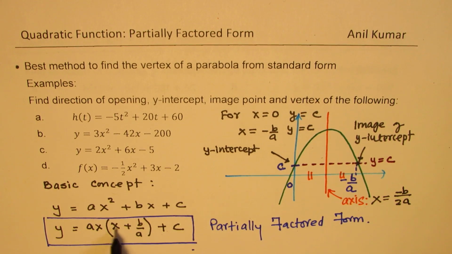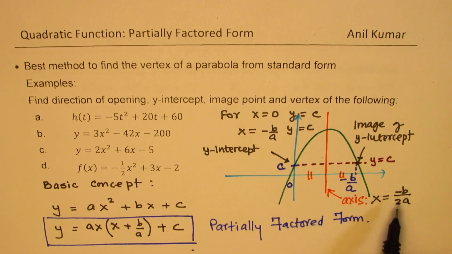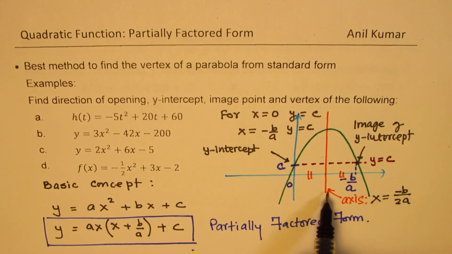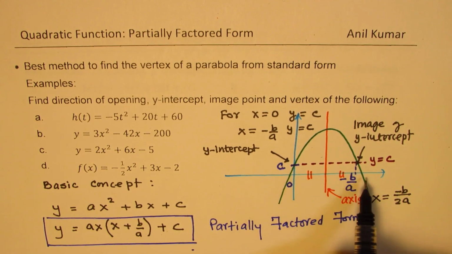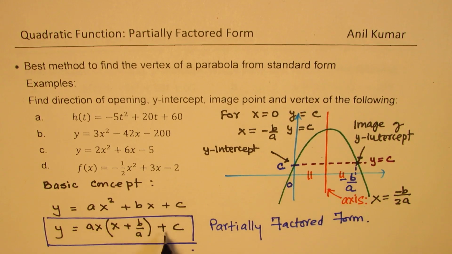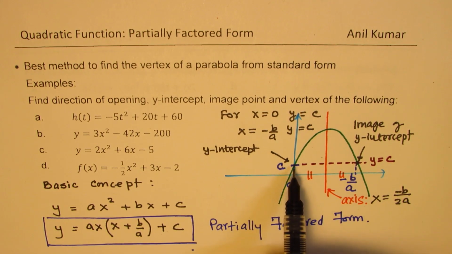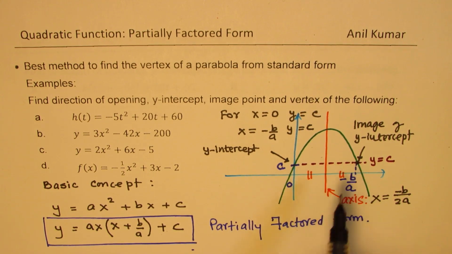So minus b over a gives us this point, with the other being 0, and if I take the midpoint, we get the equation of the axis. Of course, it is not negative if it is on the right side, but with the correct values you will get the right answer. But you have to understand the concept first.